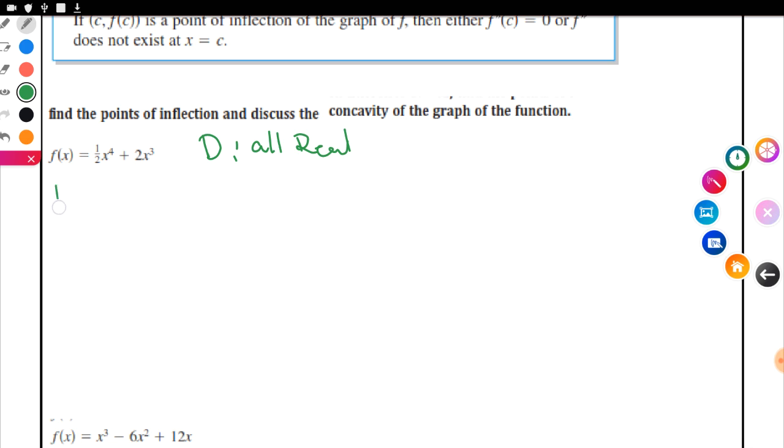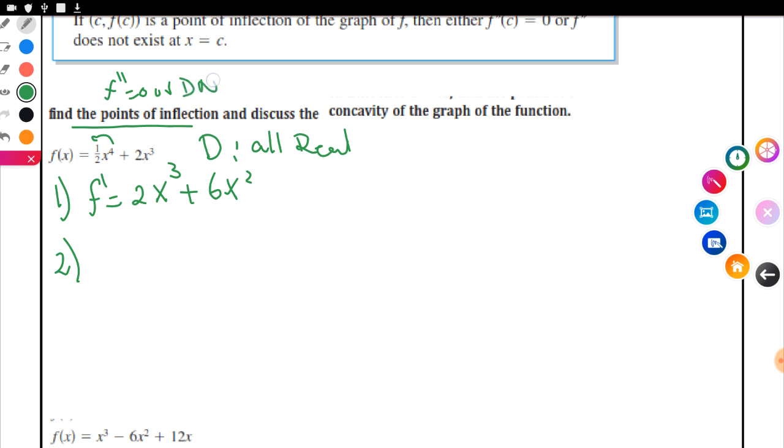Okay, what is the first step? Find the first derivative, which by the product rule will be 2x times x to the power 3 plus 6x to the power 2. Okay, to find the point of inflection, second step, because the point of inflection occurs at x such that the second derivative equals 0 or does not exist.